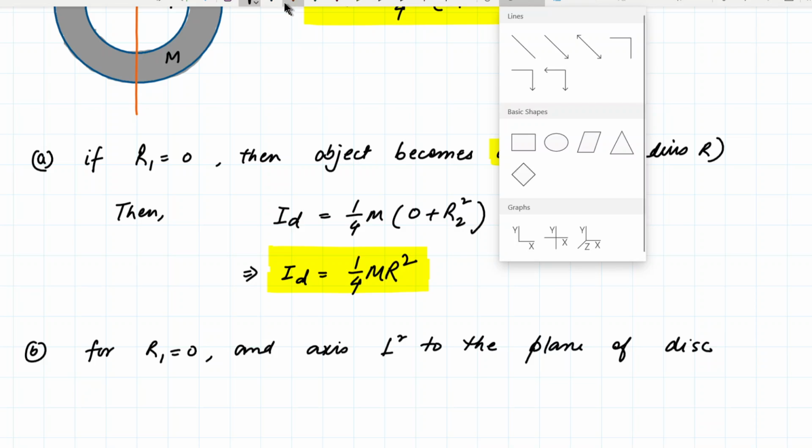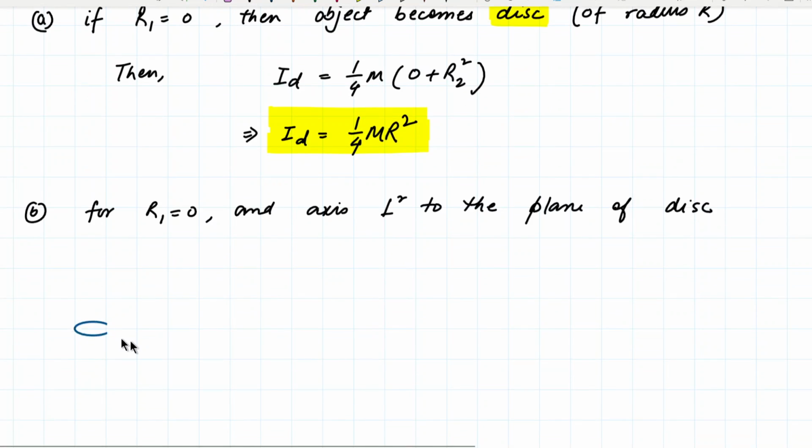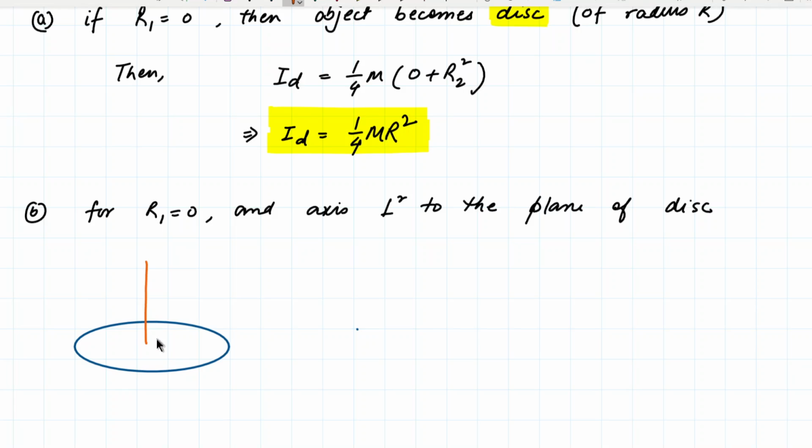So for example, if this is your disk, and you are calculating the moment of inertia with respect to, let's suppose, the z-axis. If you want to calculate the moment of inertia with respect to the z-axis, how can you use this?